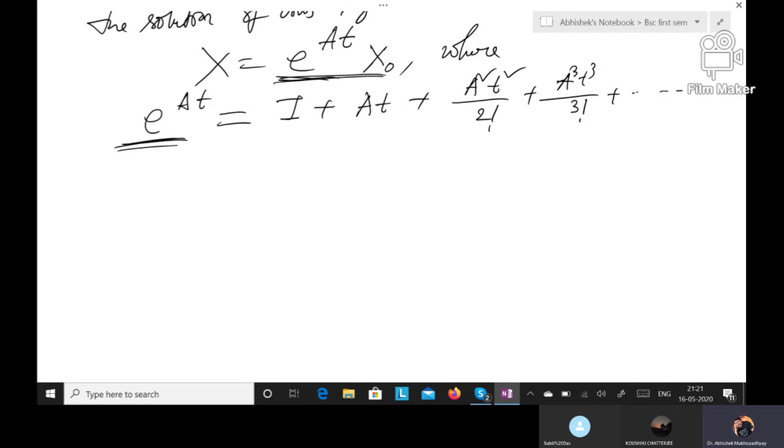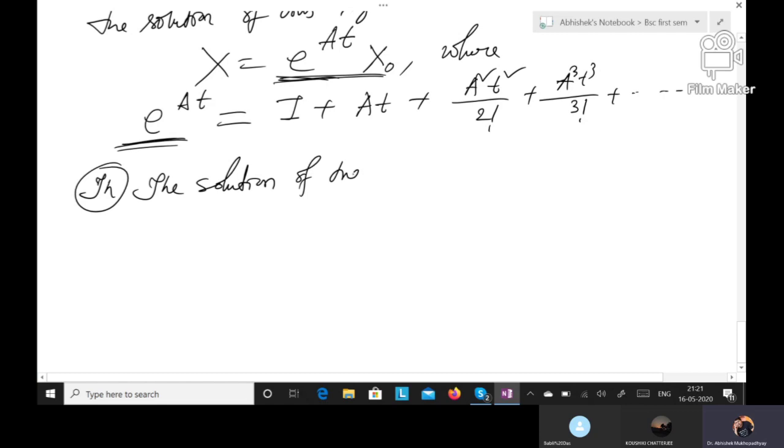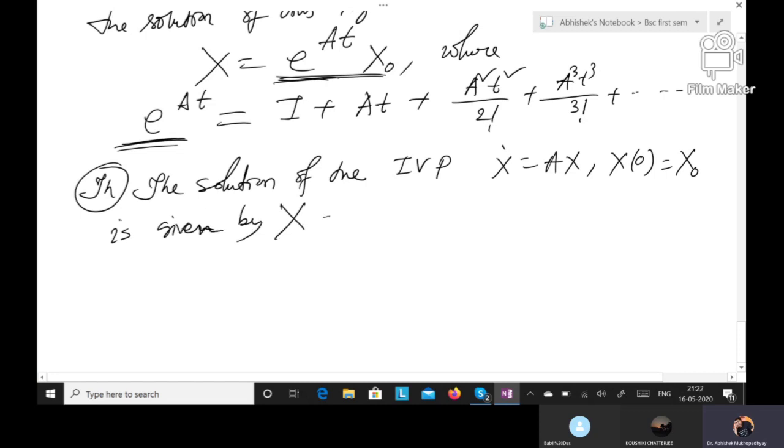So let us have a look at the proof. The statement is the solution of the initial value problem X dot equal to AX with the initial condition X at 0 equal to X naught is given by X equal to e to the power AT X naught, and this is unique.